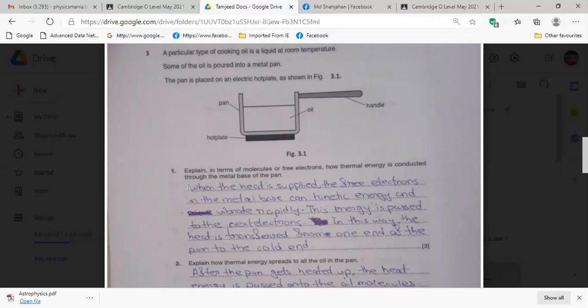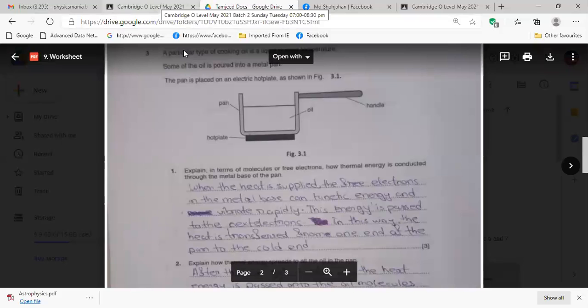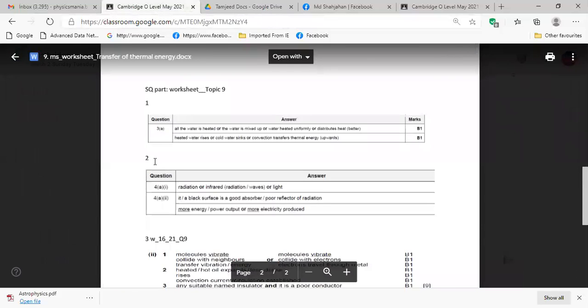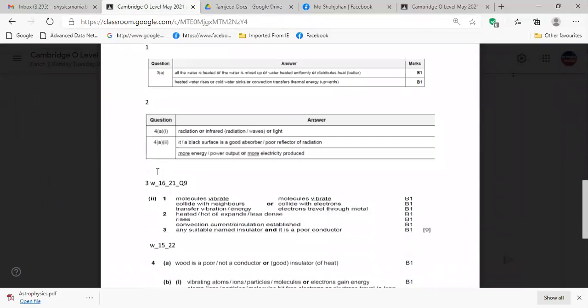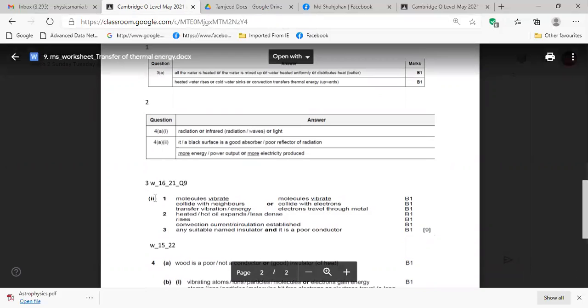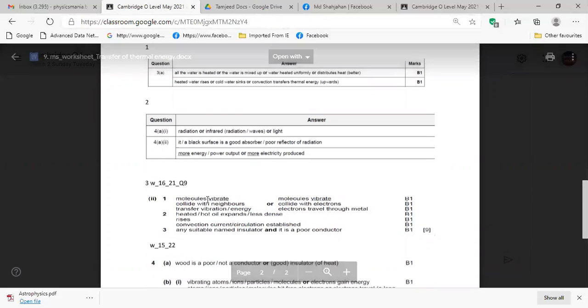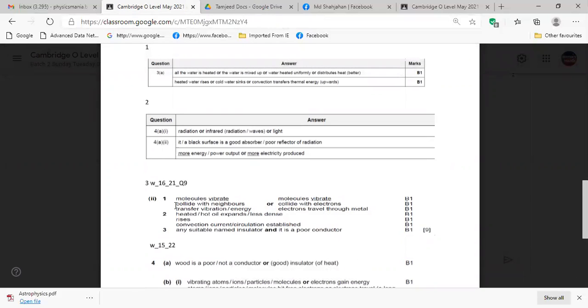Yes. So two ways we can get this answer. Look, the first one is molecules vibrate, collide with neighbors, transfer vibration, or transfer the energy to the next molecules.